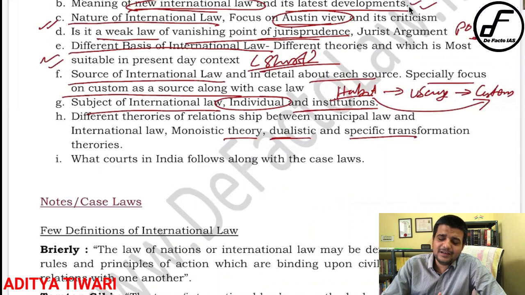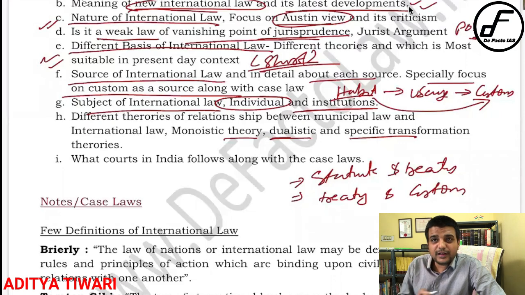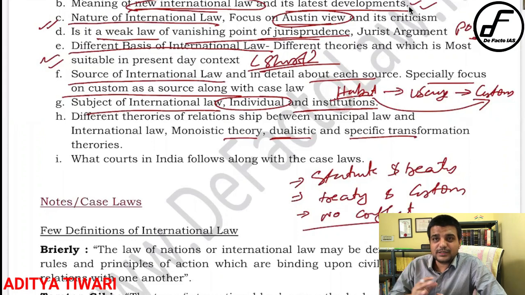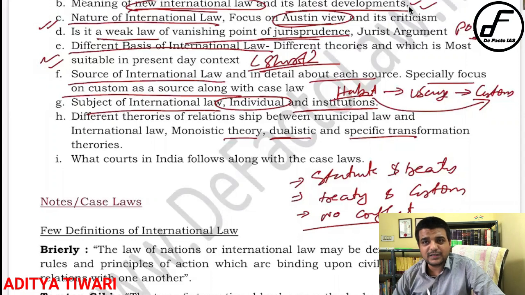Or if there is a conflict, write that down: in a statute and treaty conflict, what is India's position? Then in a treaty and custom conflict, what is India's position? If there is no conflict, then what is India's position? Okay, so these three things and their comparative study with respect to the US and the UK, questions come on this also.